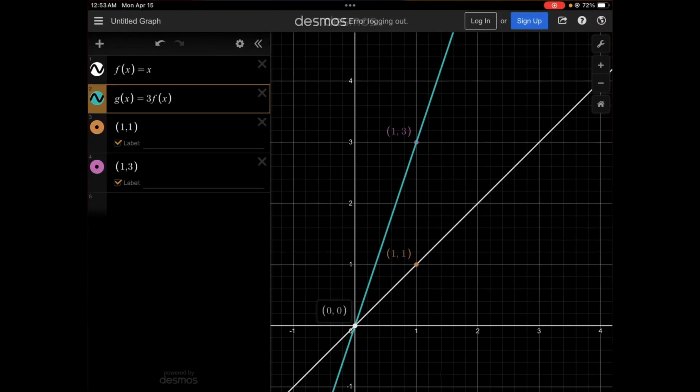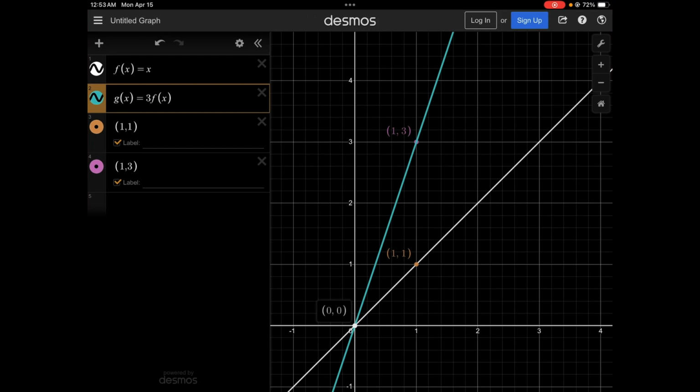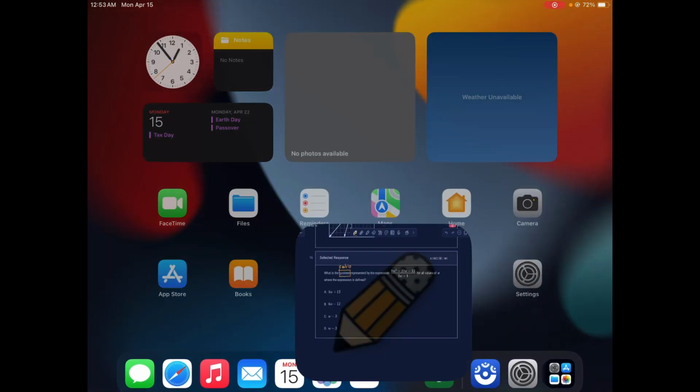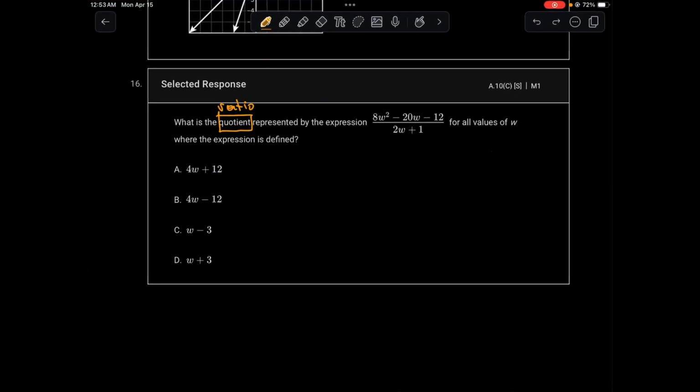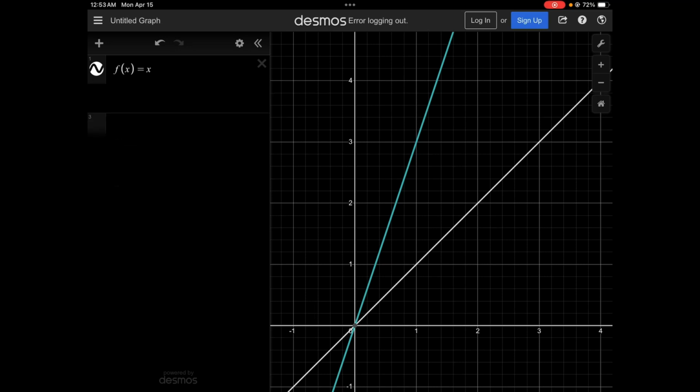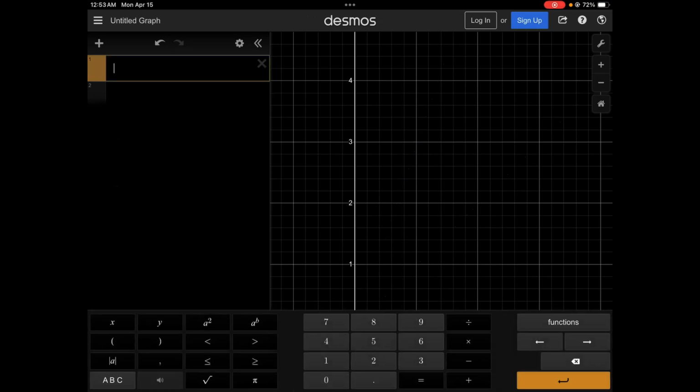We put it on the graphing calculator, and then we see if they have the same graph. So it's 8w squared minus 20w minus 20. Okay, y equals 8.